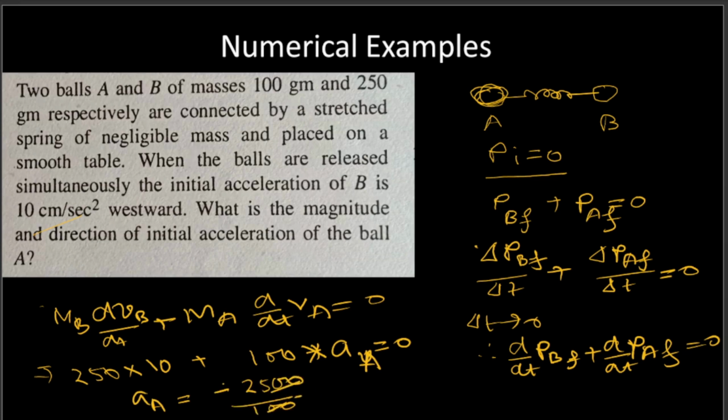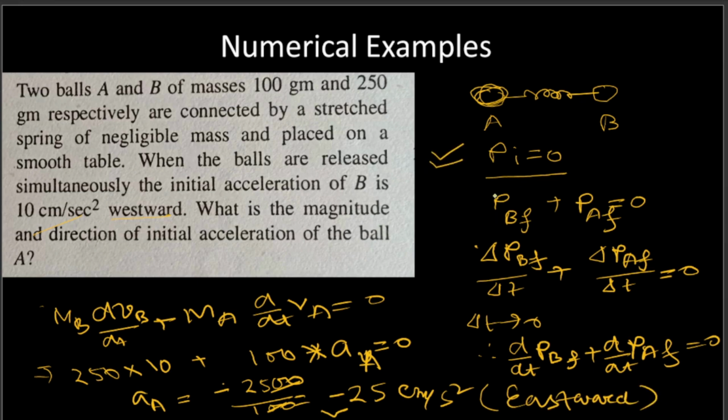So this is equal to minus 25 centimeter per second square. The minus sign signifies here that if body B moves westward, A will move eastward. Okay. So using a differential technique, you can easily find out the solution of any numerical problem.